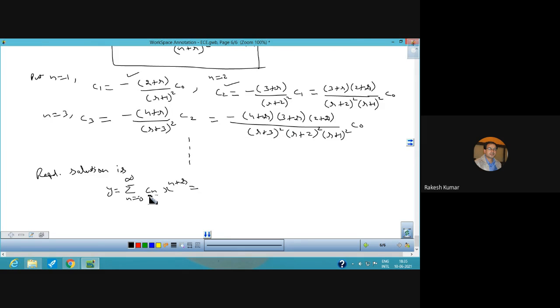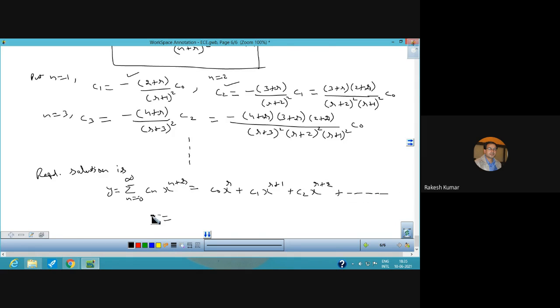Now you can put the first constant n equal to 0, you will have C naught x raised to power r. For n equal to 1, you will have C1 x raised to power r plus 1. Then you will have C2 x raised to power r plus 2, and so on.